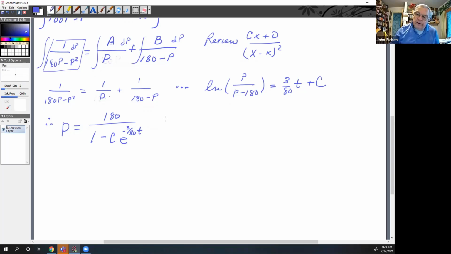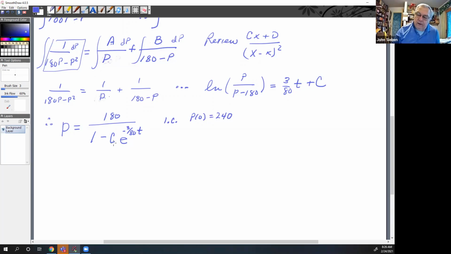But we have an initial condition. The initial condition is that p of 0 is equal to 240. So we can use the initial condition. That makes this an initial value problem.